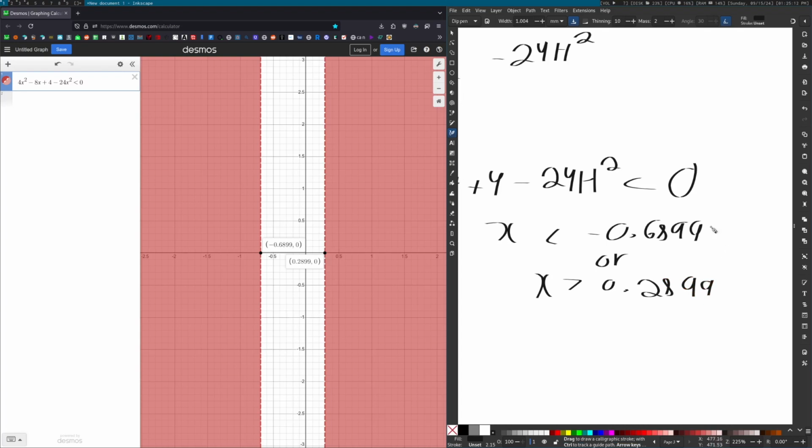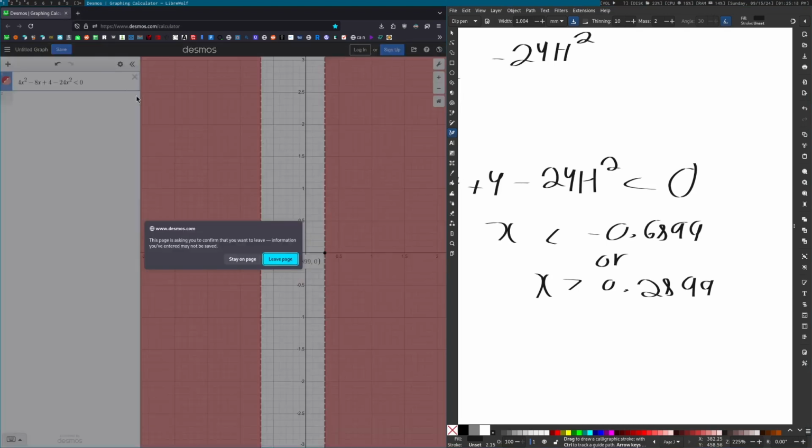If you want exact solutions, you would just plug this into the quadratic formula, which is negative b plus or minus the square root of b squared minus 4ac all over 2a.